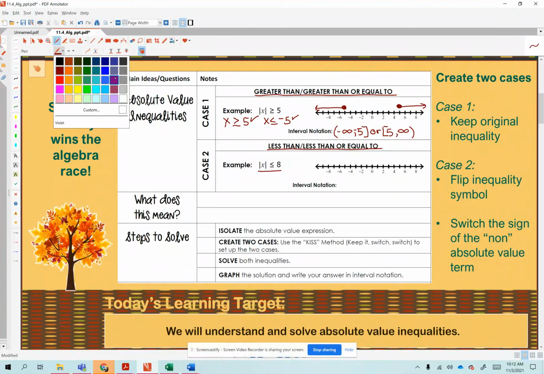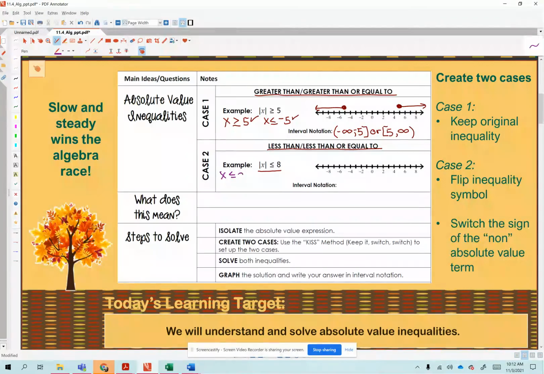Now when we do less than or equal to, the absolute value is already isolated. So x is less than or equal to 8, and x is greater than or equal to negative 8. Now, do you see what happens with the graph here? These are solved.